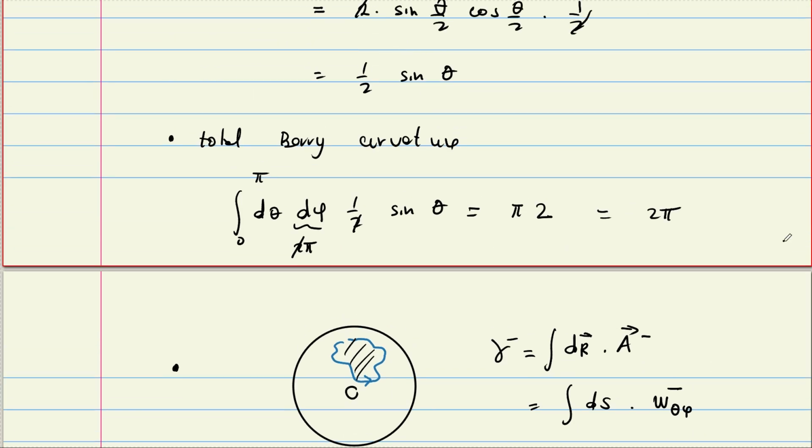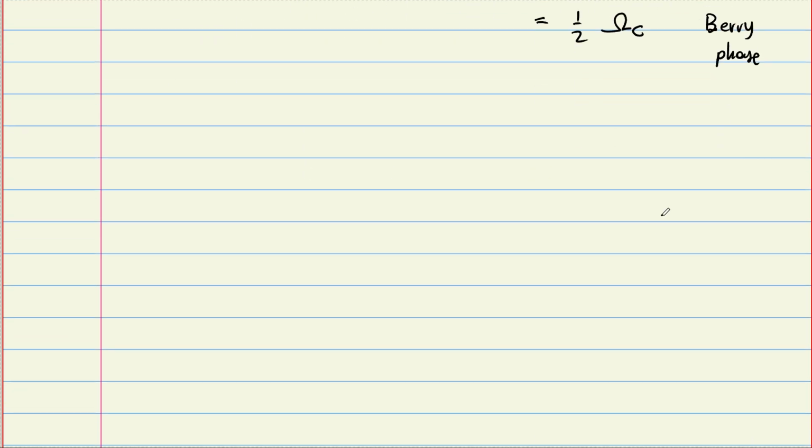Now I want to, from this result, right? This result says if you integrate over all Berry curvatures, you get 2 pi. Then we can also think about Berry curvature as a function of given orientation, right? Let me write that and ask you to think about it just for a minute.